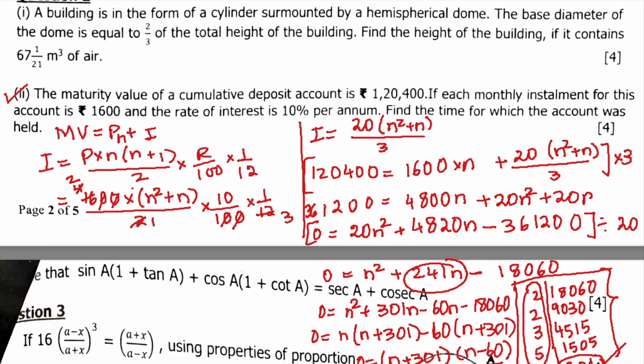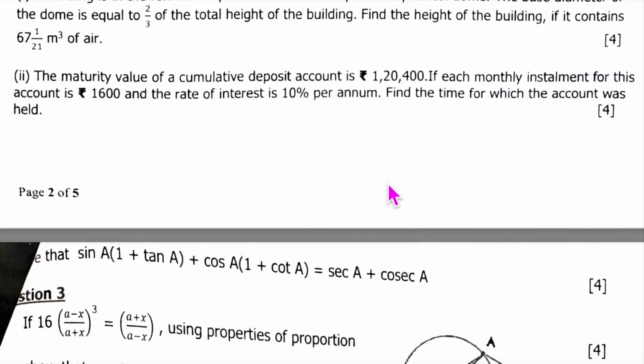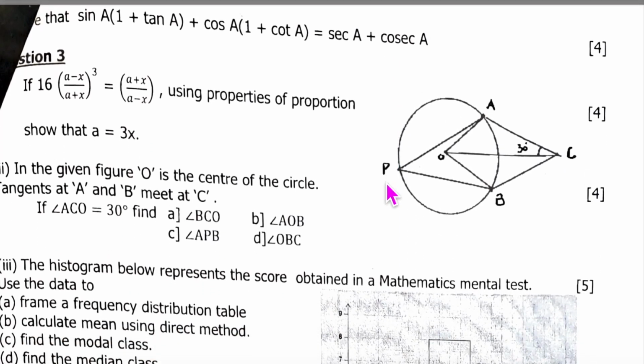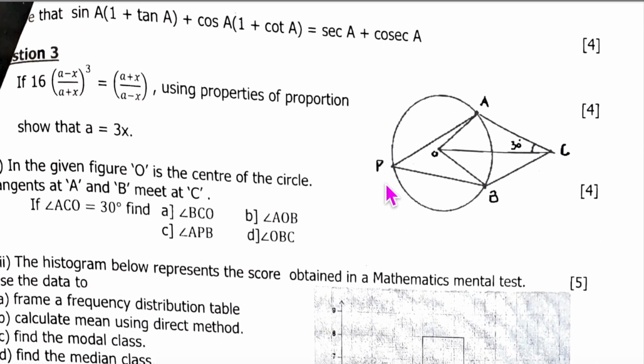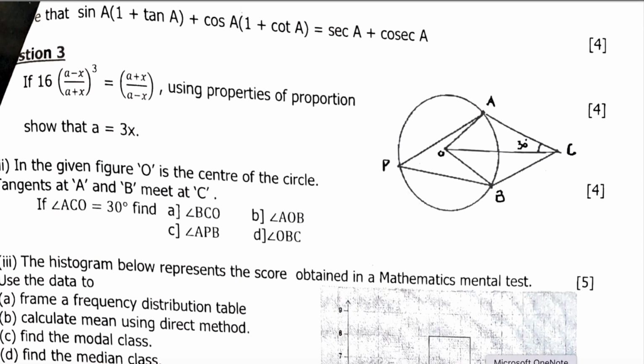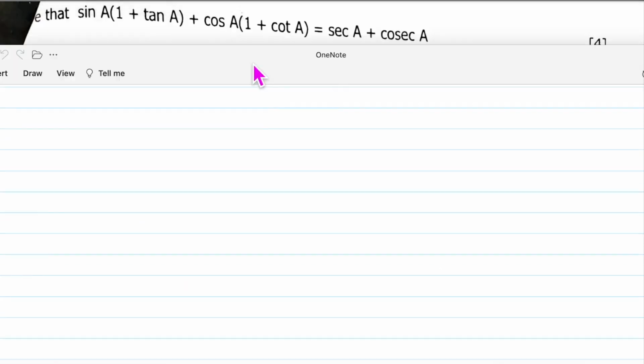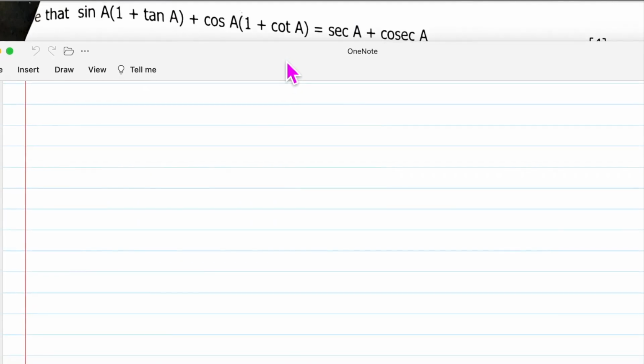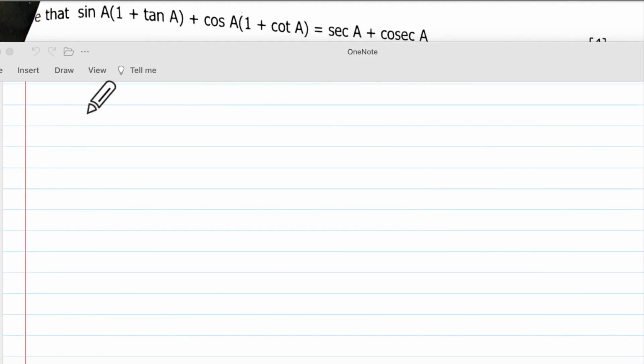Understood? Yes. Now let us come to the next one, which is this. Prove that. Loads of you had a problem for this and you went in all different directions. I have no clue why you would do that.